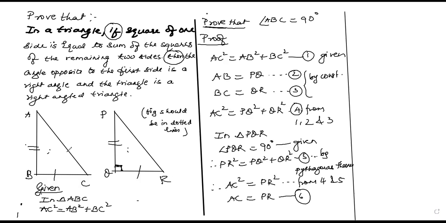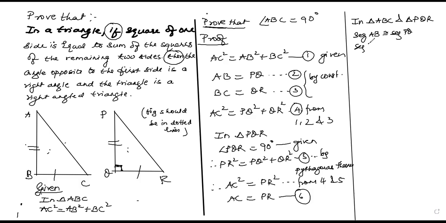Now look at the two triangles. Your AC equal PR you got. Easily I can prove both the triangles congruent, triangle ABC and triangle PQR. Can you see the two triangles, children? Can I say segment AB congruent segment PQ by construction, children?